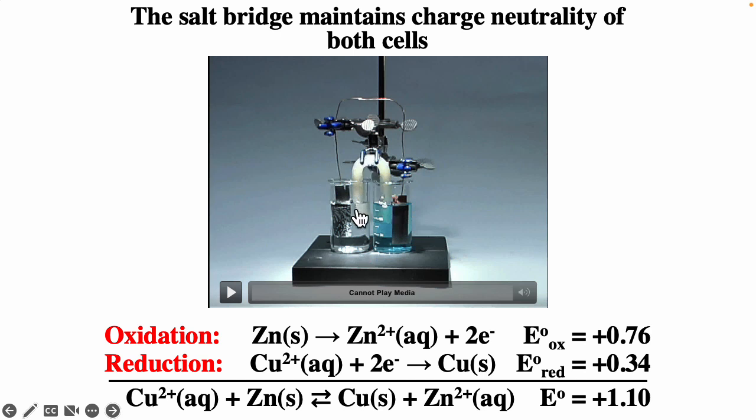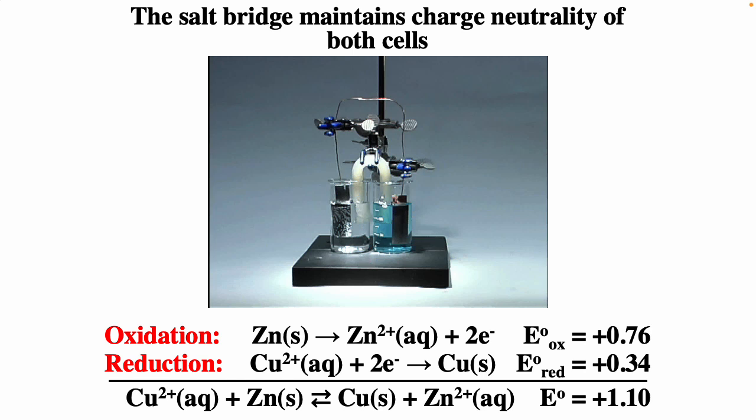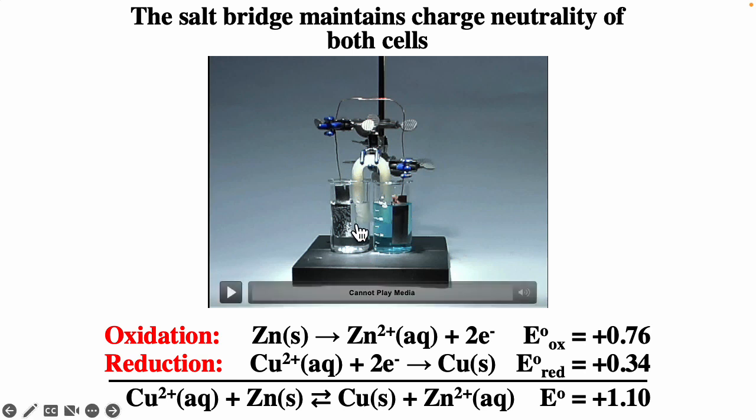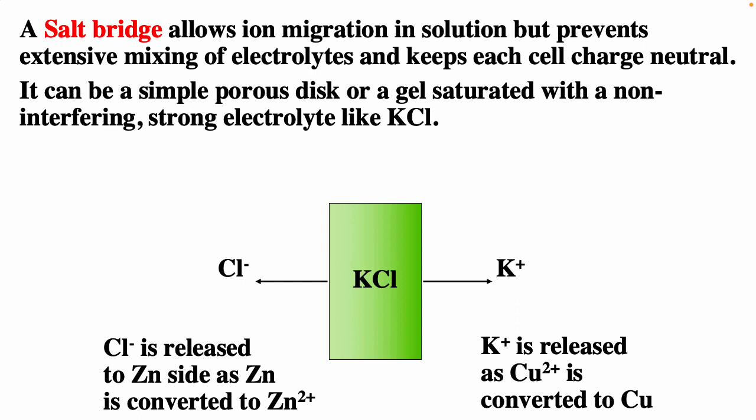So the salt bridge has to be charge neutral to begin with, so it has to have the same number of positive ions and negative ions. And each of these beakers has to also be charge neutral, has to have the same positive ions as negative ions. And so the salt bridge just allows ion migration in solution. It prevents a buildup of charge in either compartment.